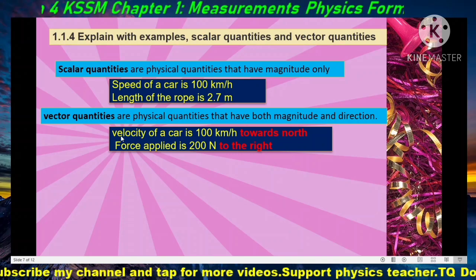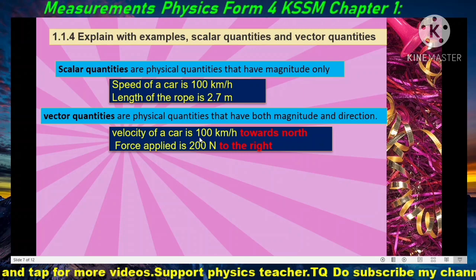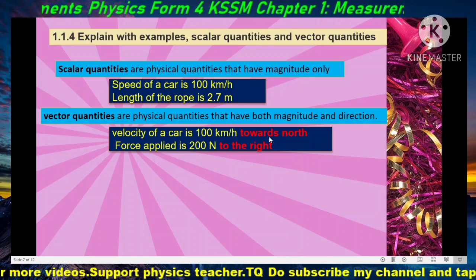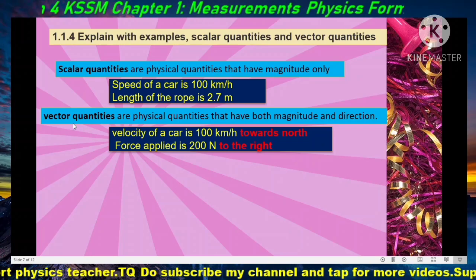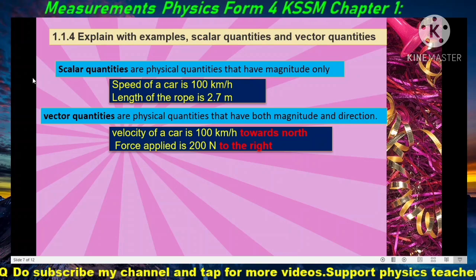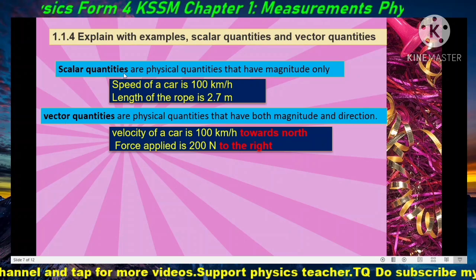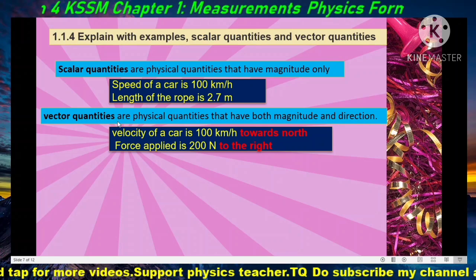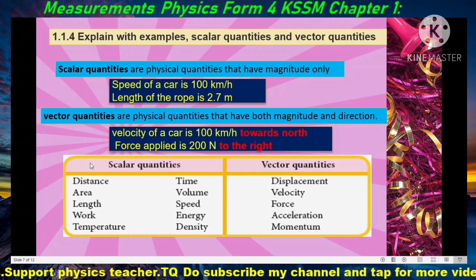Once a physical quantity is stated with magnitude and direction, it is under the group of vector quantities. So physical quantities can be divided into these two groups, scalar quantities and vector quantities. Let's look at more examples.